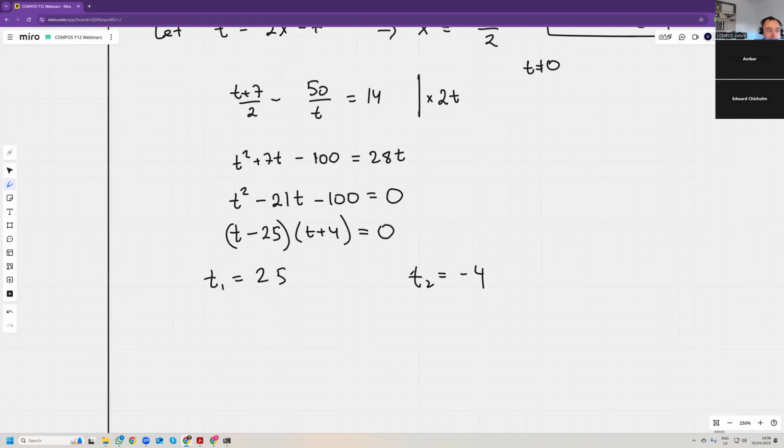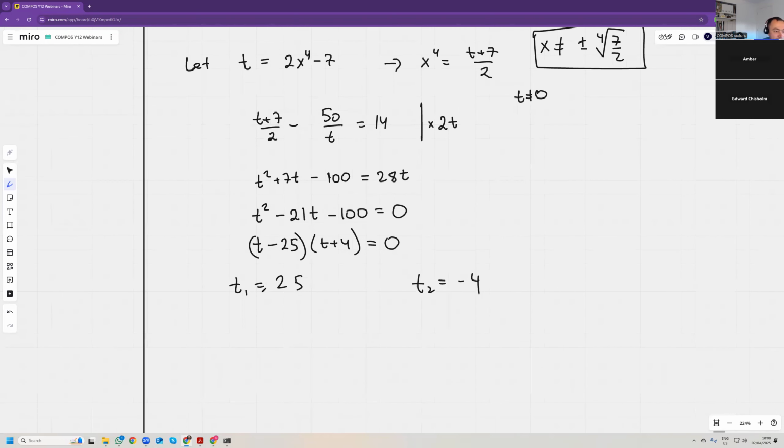And now I reverse substitute. So I got 2x to the power 4 minus 7 equals 25, and 2x to the power 4 minus 7 equals negative 4. I solve this: 2x to the power 4 equals 32, x to the power 4 is 16, x is plus or minus 2.